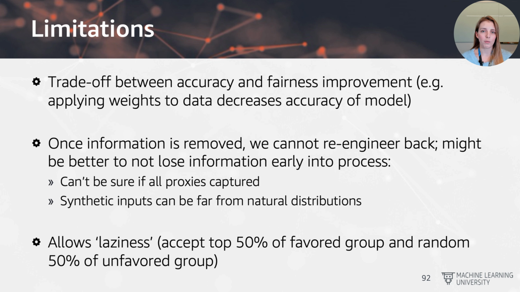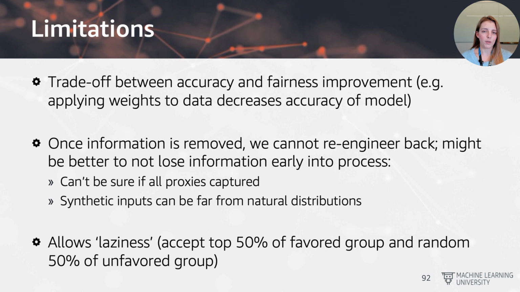Also, we cannot be sure that we've actually captured all proxies. Even if we run correlation tests and hope that we've identified all of the features that are correlated with the sensitive attributes, we cannot be certain, because there could be a more hidden relationship. So it might make sense to keep all the information and then use it later on.